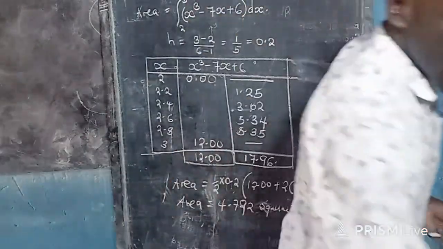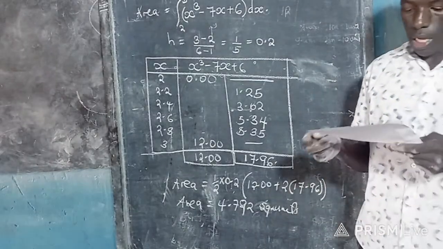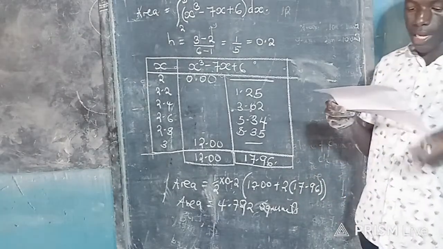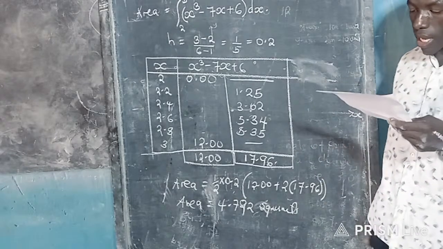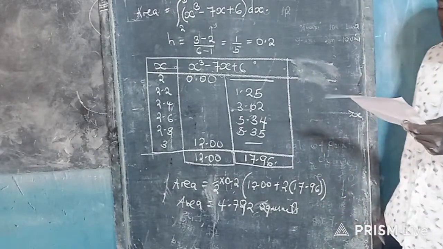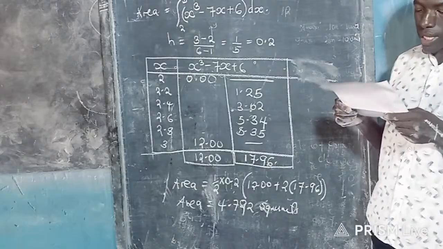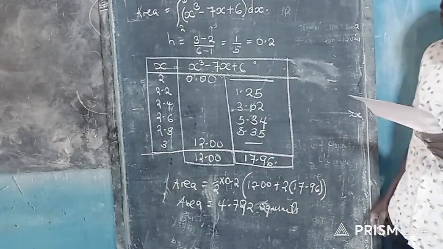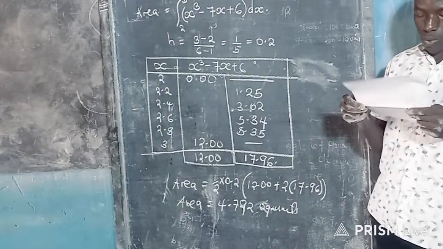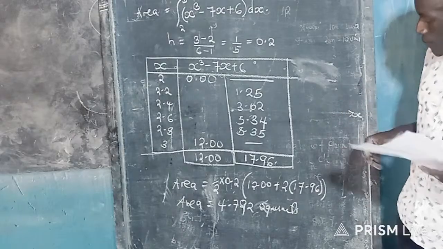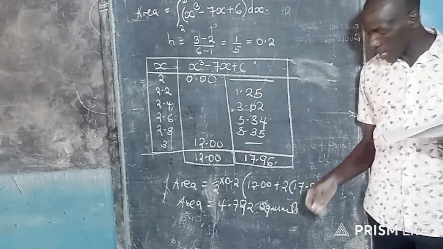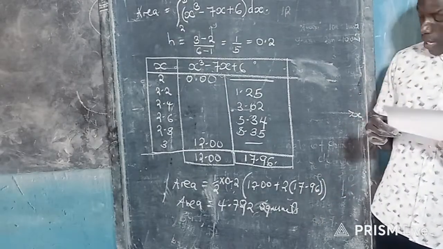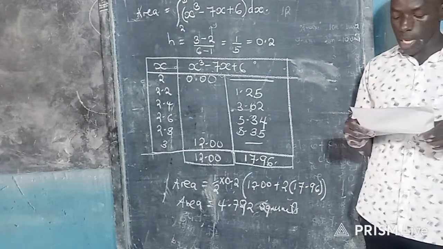So we can go back to our scenario. In the scenario, they are saying to assess whether the available land is sufficient, the engineer will estimate the enclosed area with 6 coordinates. If the estimated area is less than 4 square units, the site will be considered too small for the proposed room. Meaning that in our conclusion, we can compare the area we have got with the given area.